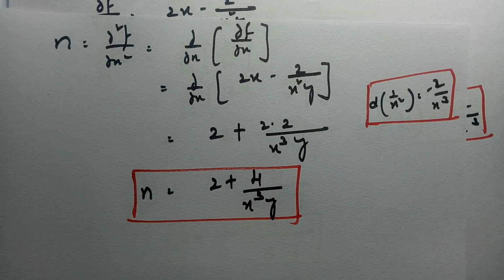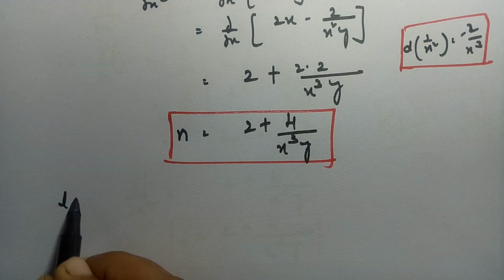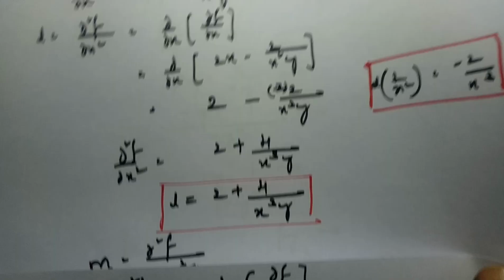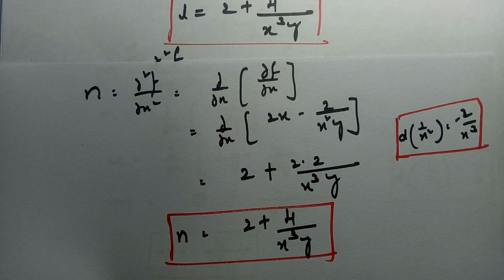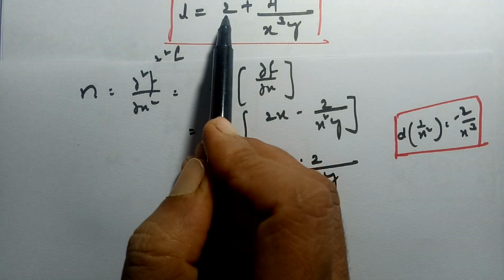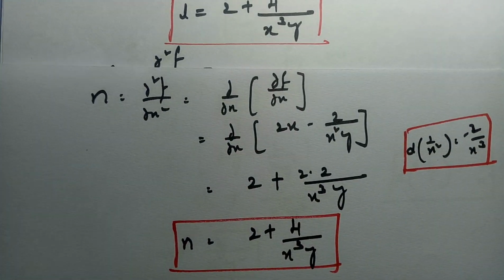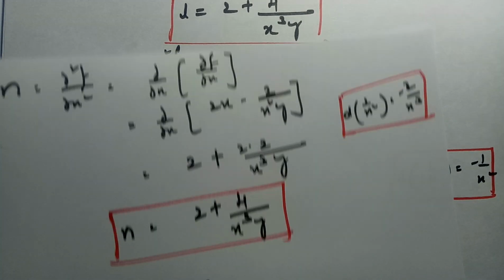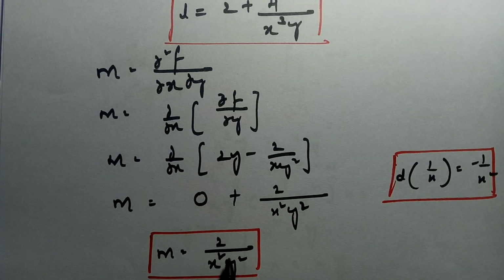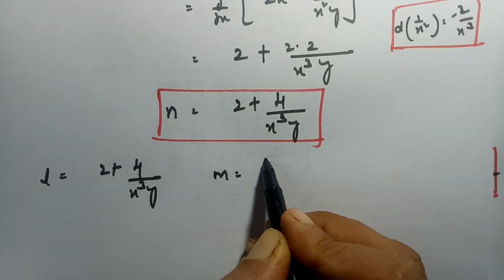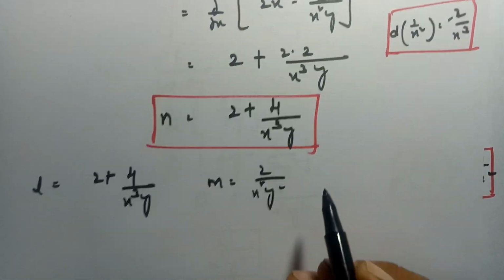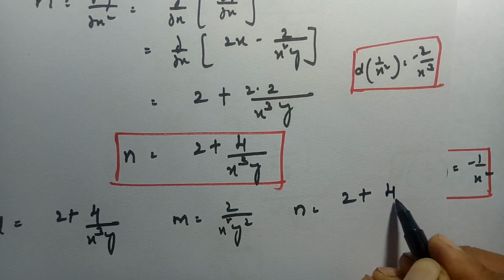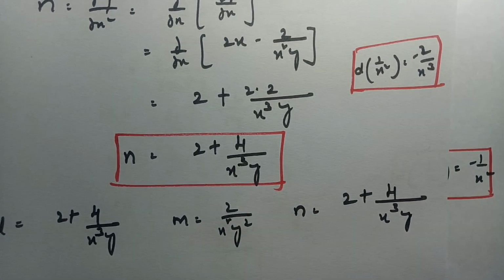So my L, M and N are ready. So what is L value? L value is nothing but 2 plus 4 times of x cube y, and M value is nothing but 2 by x square plus x square into y square, and N value I got as 2 plus 4 times of x cube y.